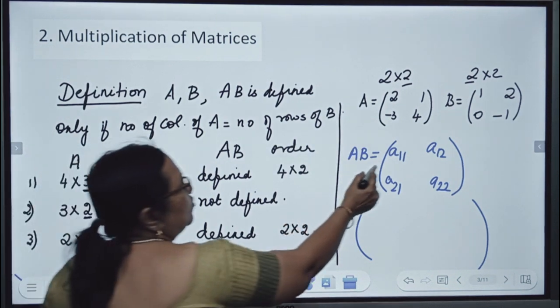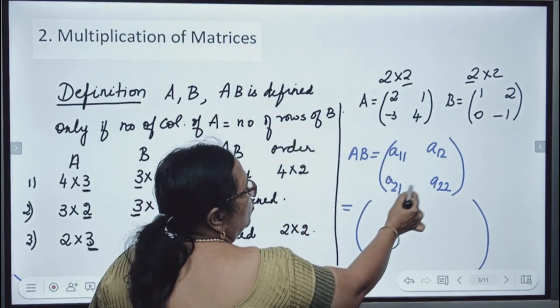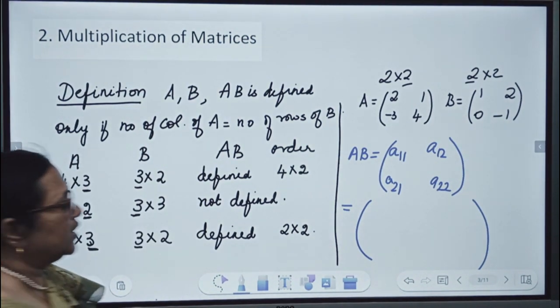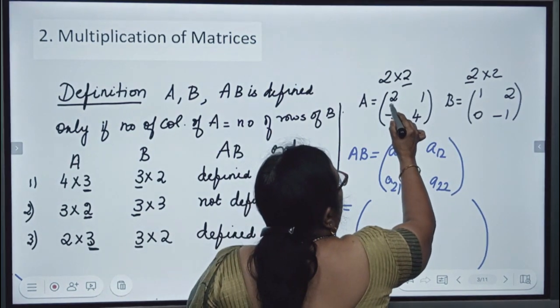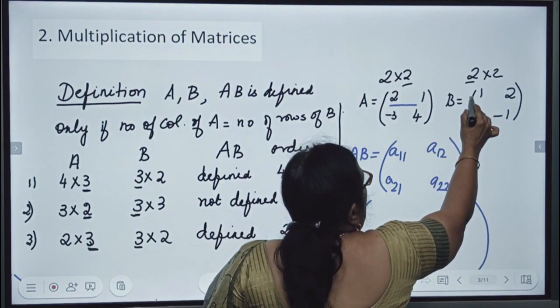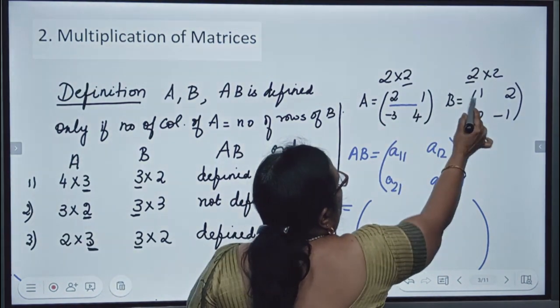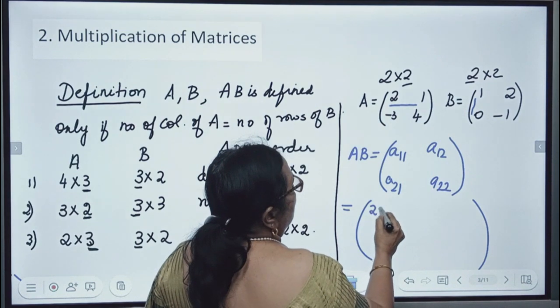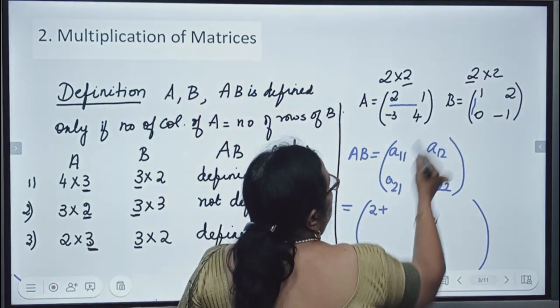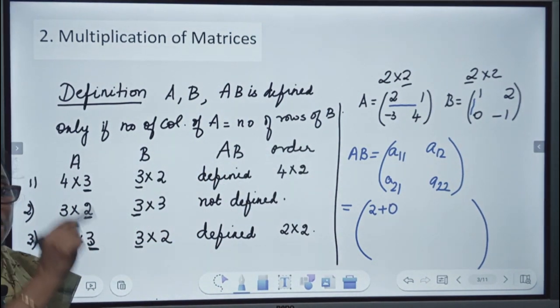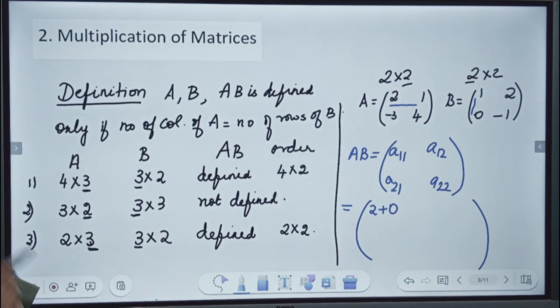So this is A11, A12, A21, A22. When I say A11, the way we are going to do it is multiply the first row by the first column. So how do we do it? 2 into 1, 2 plus 1 into 0, 0. First row and first column. 2 into 1 plus 1 into 0.